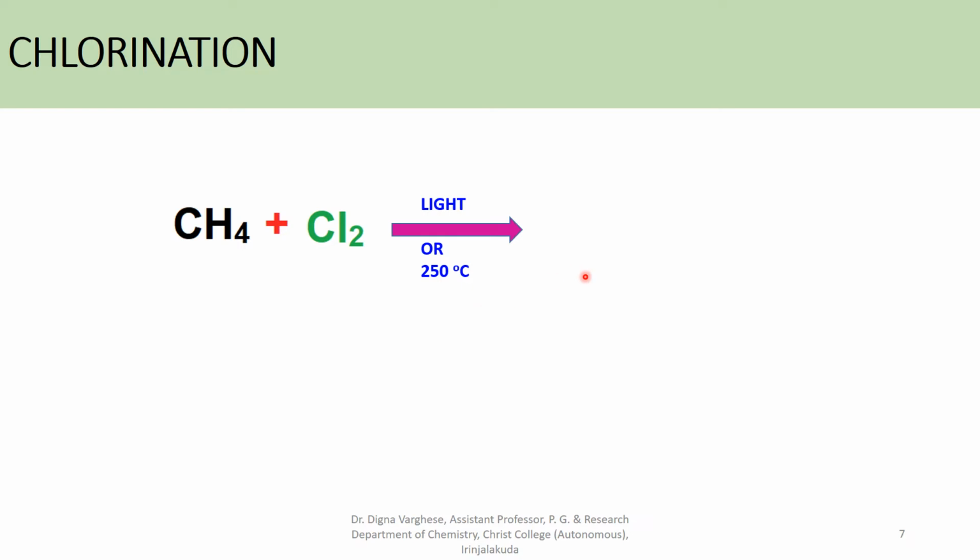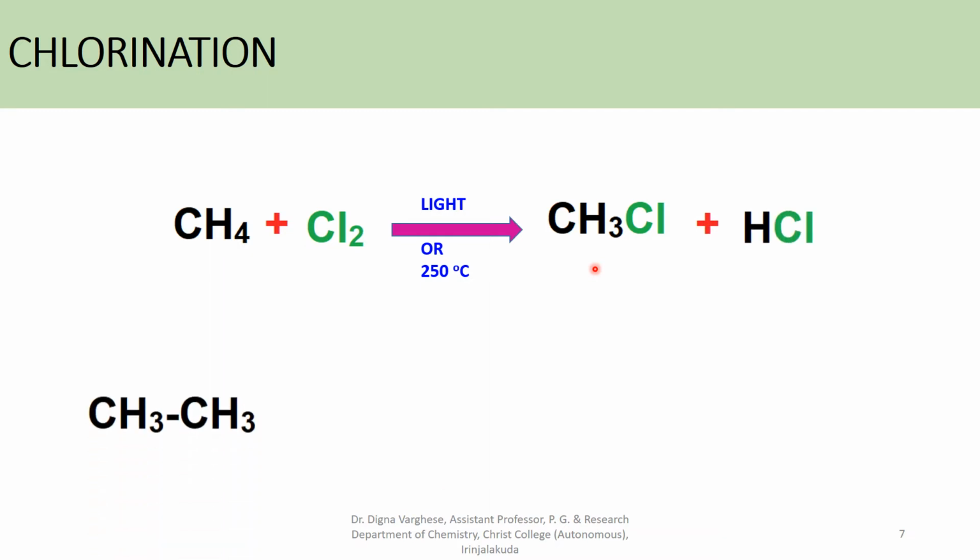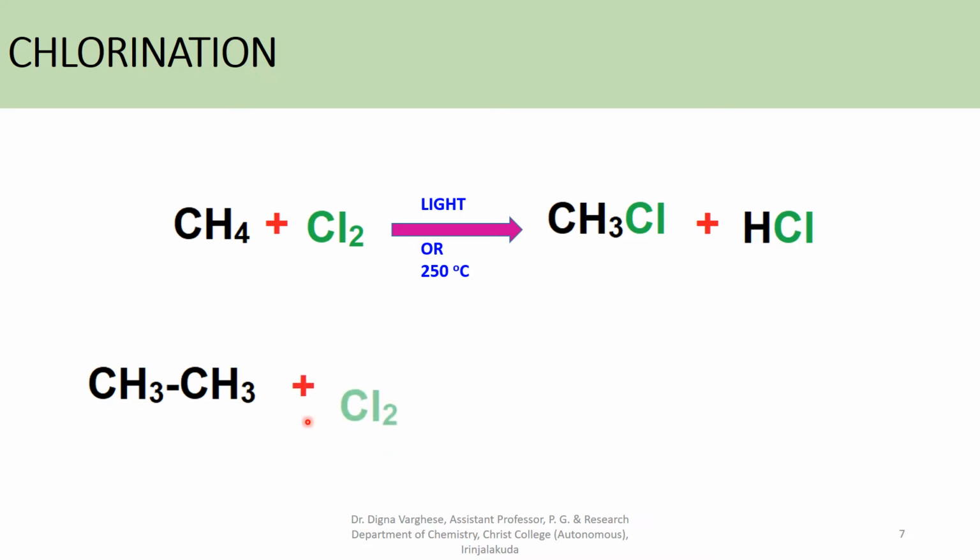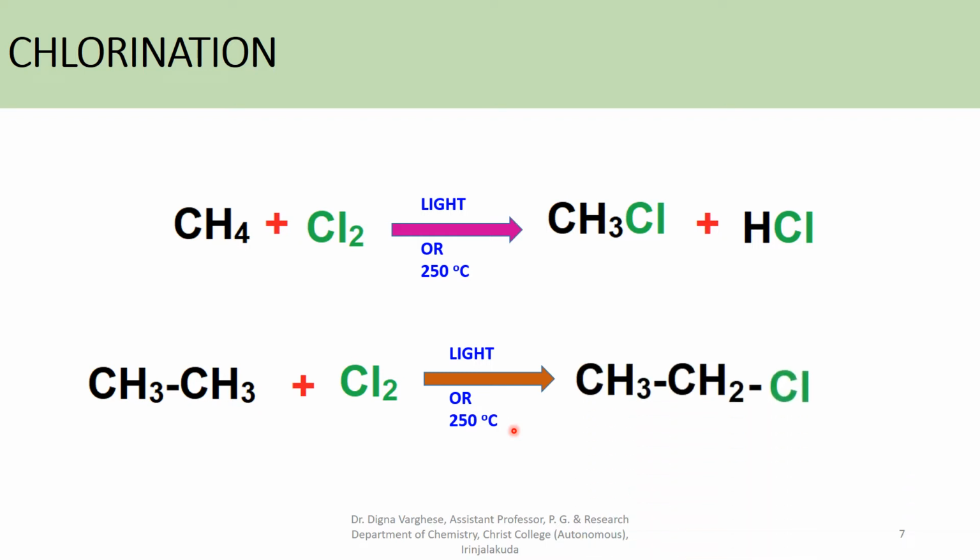It forms methyl chloride plus hydrogen chloride. Another example is ethane reacting with chlorine in the presence of light or at 250 degrees Celsius, giving ethyl chloride plus HCl.